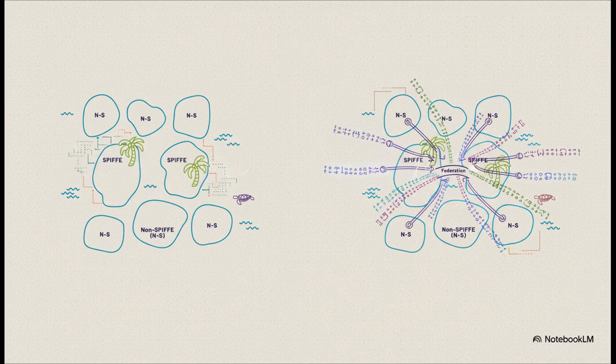My production environment can't securely talk to my staging environment, or my company can't connect to a partner's services. Federation builds bridges between these islands. SPIRE servers in different trust domains can securely exchange their public keys, which lets workloads in one domain cryptographically verify identities from another. You get seamless, secure communication across boundaries without ever having to share private keys.